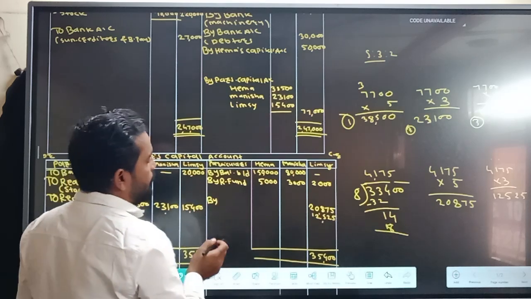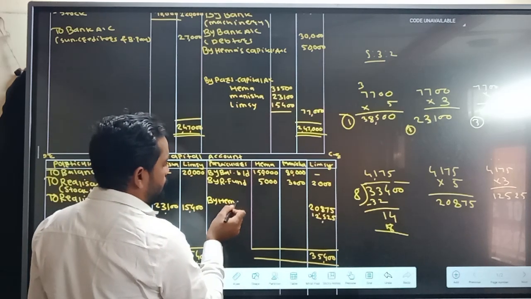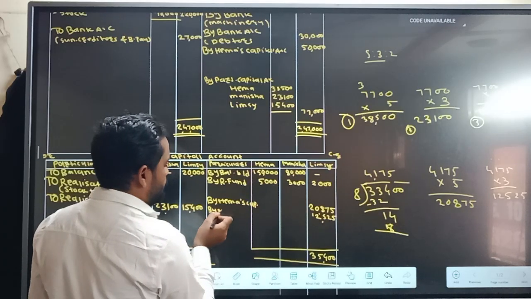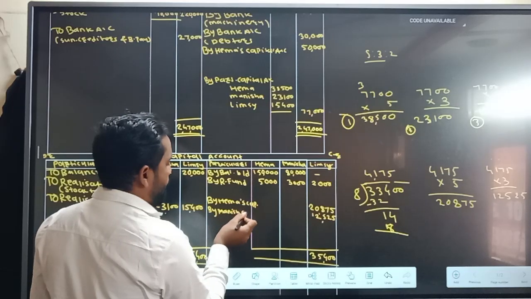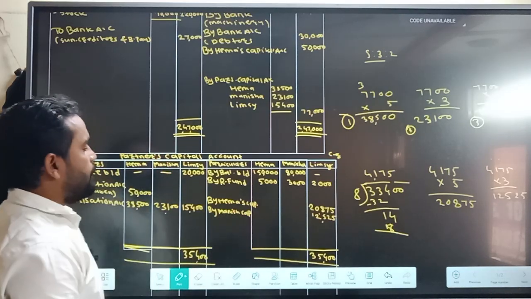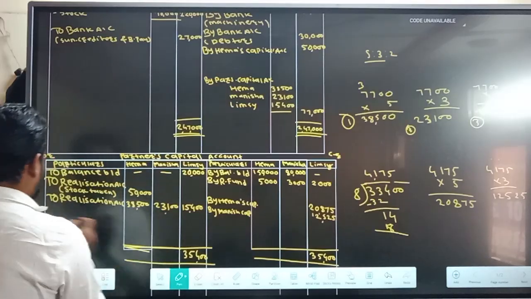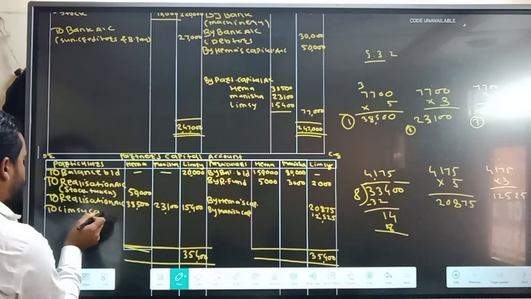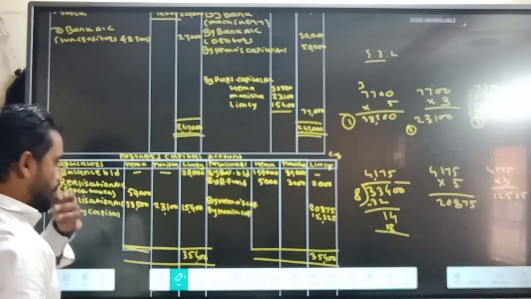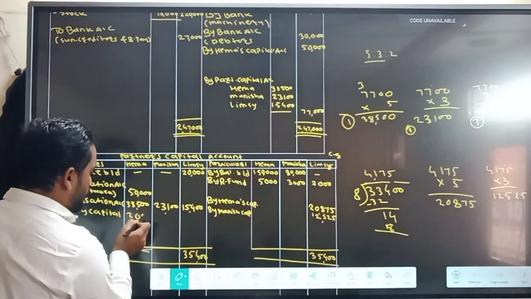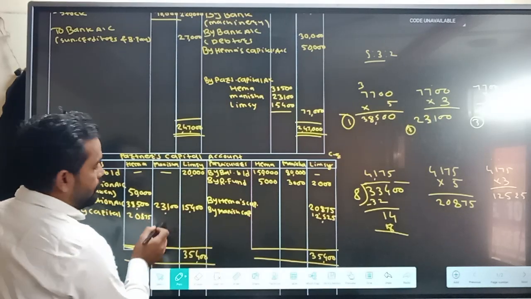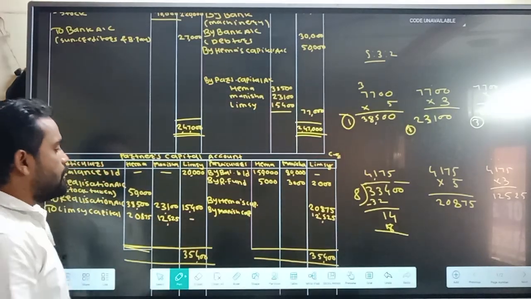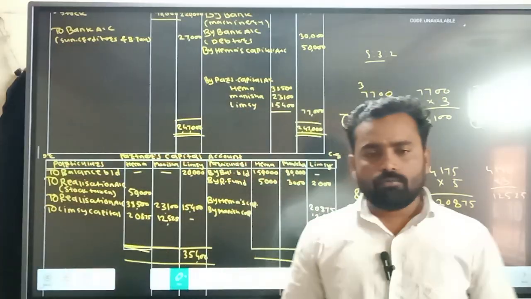First amount is by Hema's capital account, and second is by Manisha's capital account. The second effect will be debit side of Hema and Manisha to Limsi's capital.